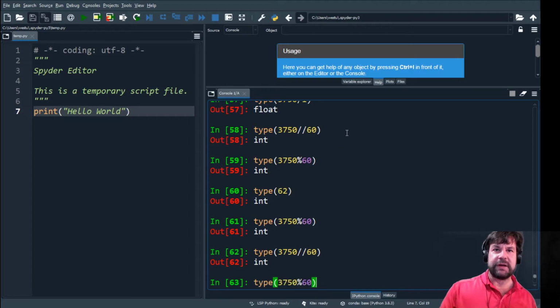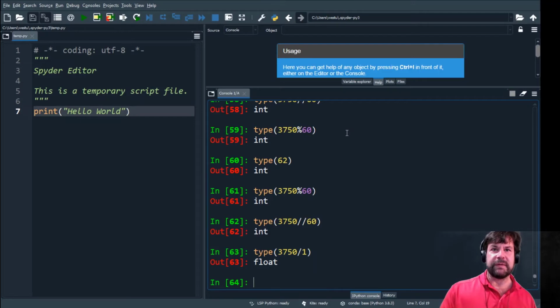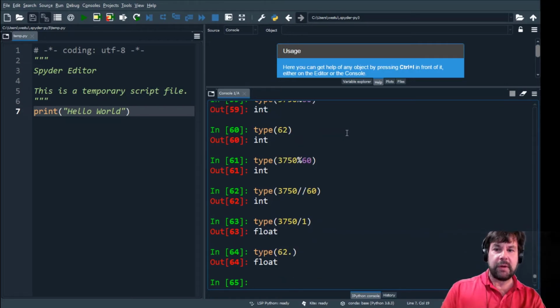Integer divide gives you an integer. Regular divide, even if it's by a 1, gives you a float. And something like 62 point or 62.0 are also floats.